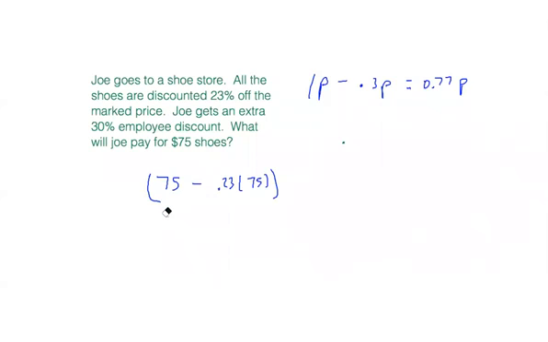So 75 minus 17.25 gives us 57.75. And then we're going to take that 57.75 and subtract another 30%, not of the original, but of that sale price.